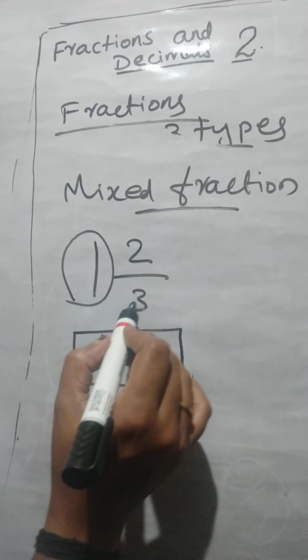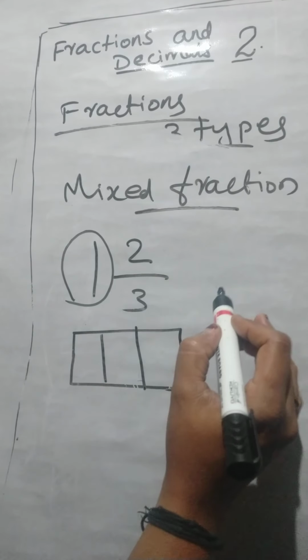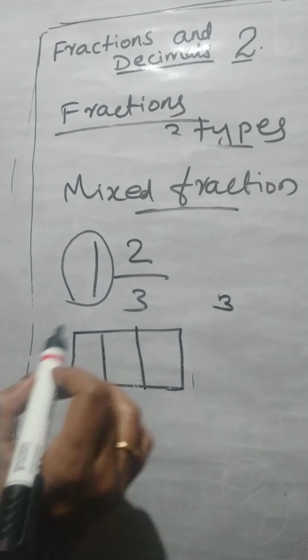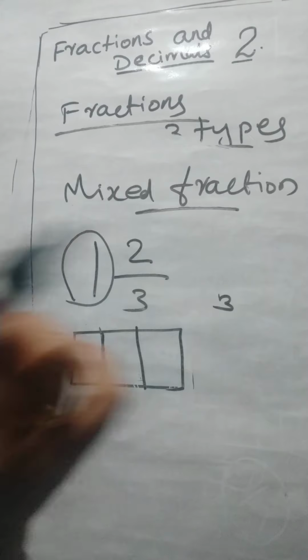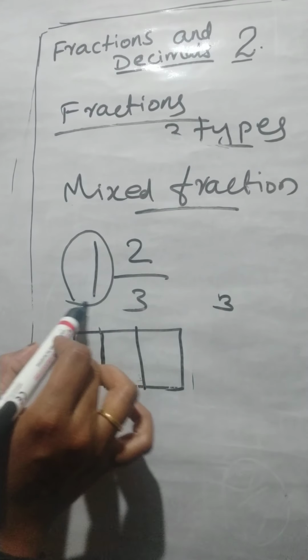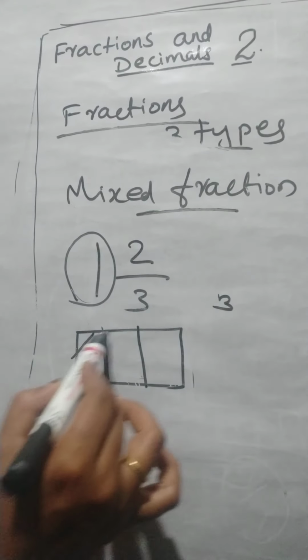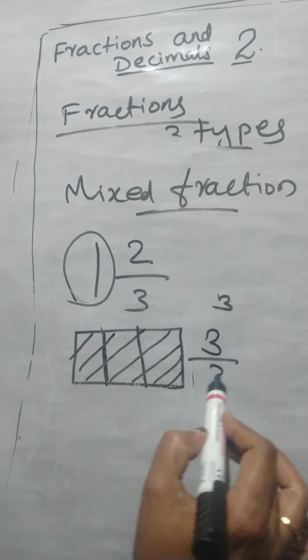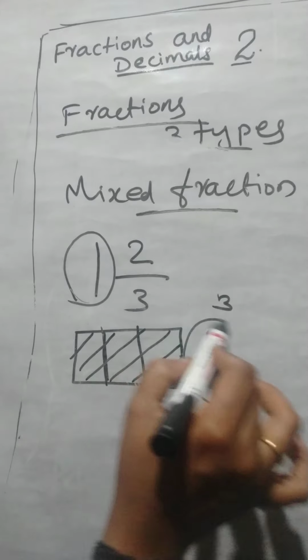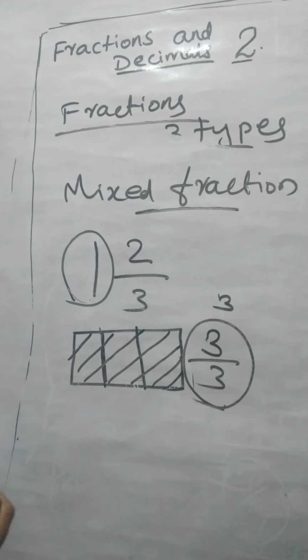What is the denominator? 3 is the denominator. You have cut 1 cake into 3 pieces. Among this you got full. This is represented by this whole number. That means 3 pieces you got. This is known as 3 upon 3. This 3 upon 3 is represented by 1.